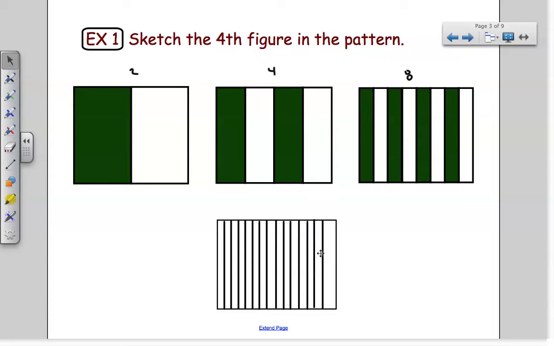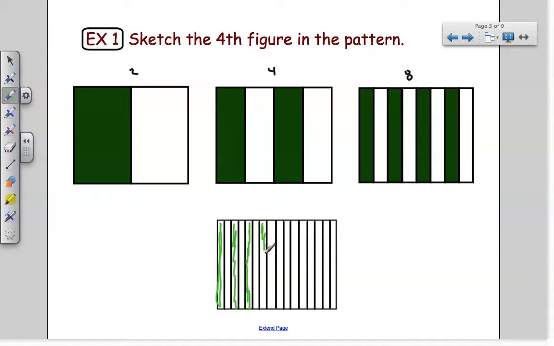So again, inductive reasoning, looking for a pattern. This is my conjecture, that it appears that all of these rectangles are being split up in a doubling pattern. There are now 16 rectangles total, and my conjecture would also say that I see an alternating green and white pattern. So green would be colored here, and here, and continue on.